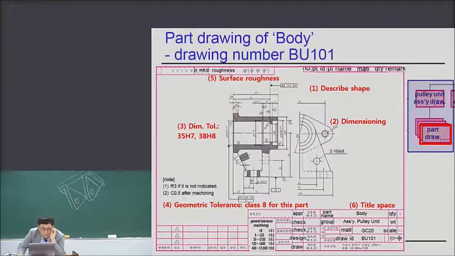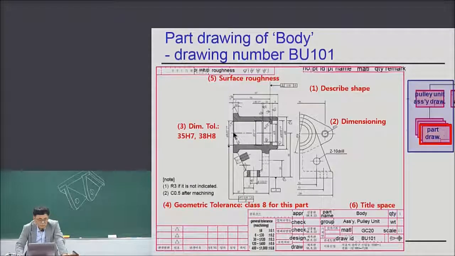Now, let's see the other geometric tolerance. Which is it? Datum B is the axis, and according to datum B, here, the perpendicularity of this small plane with this axis.